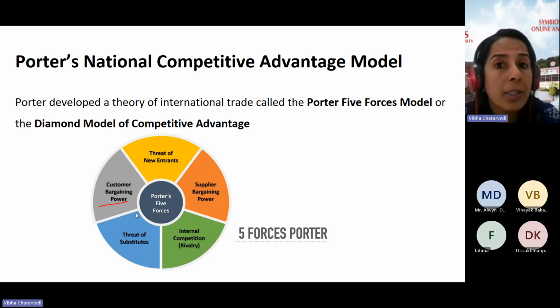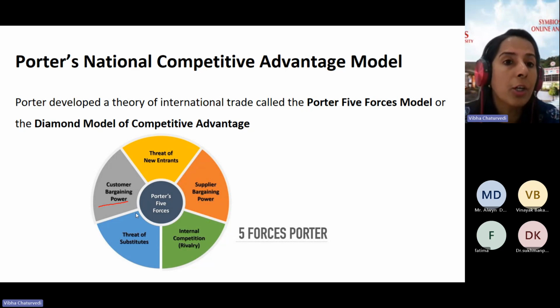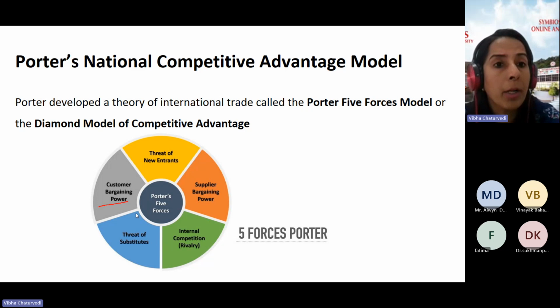Buyer power is the highest when buyers are relatively large in comparison to the number of suppliers present, they represent a significant share of sales for the competitors serving them, and the products are undifferentiated. And so there is very low switching cost.